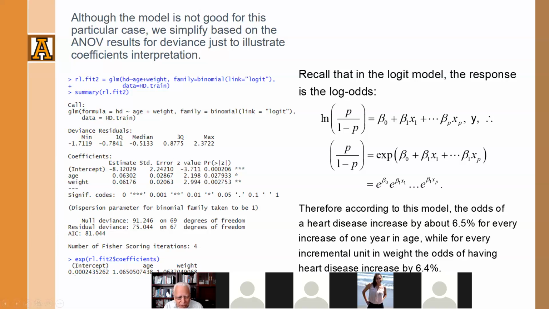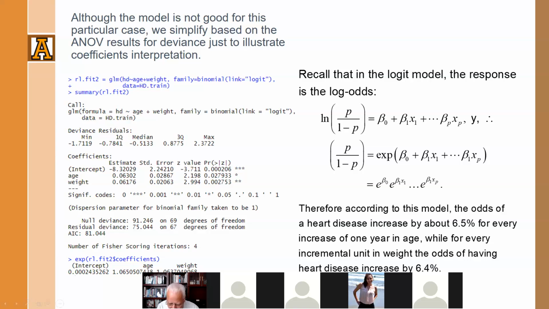So according to this model, what we have is what? According to this model, the odds of a heart disease increase about 6.5%. Why 6.5%? Because the exponential of the age coefficient is 1.065, so it's greater than 1.